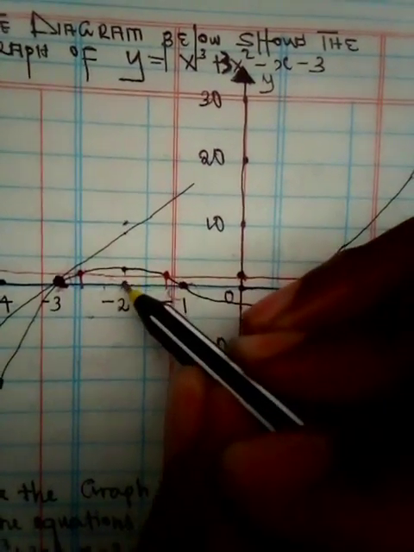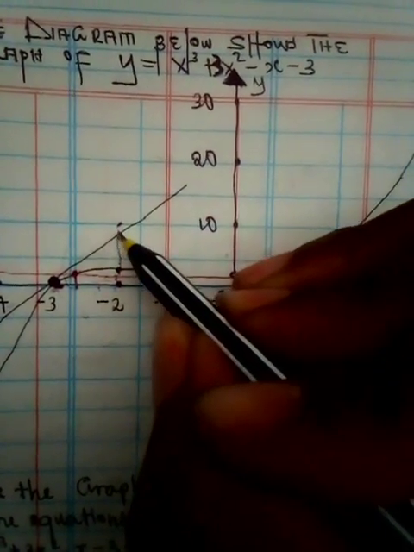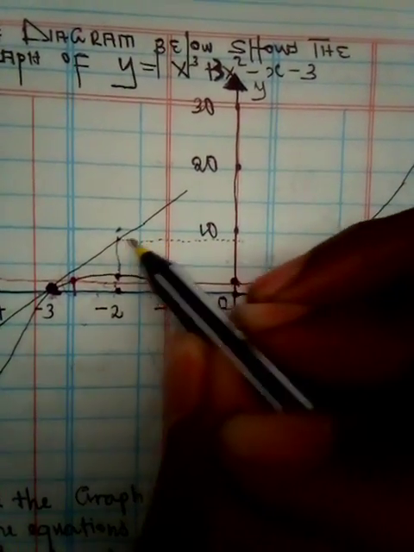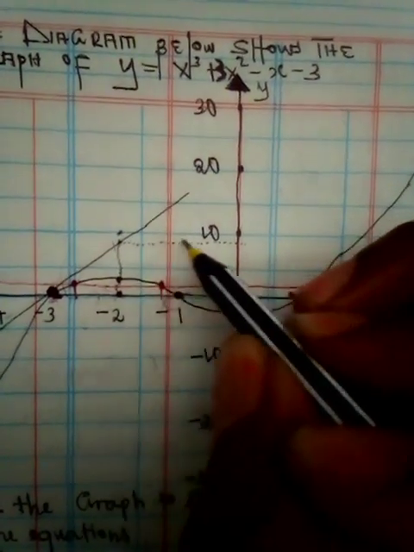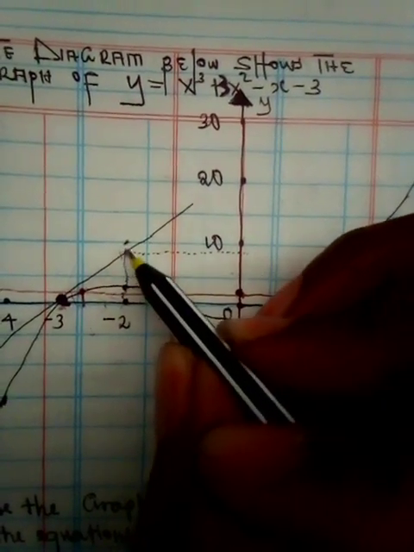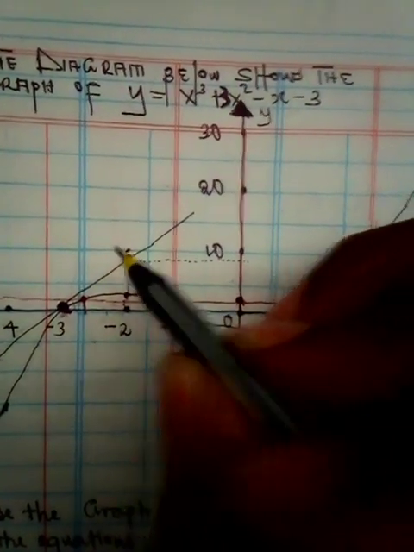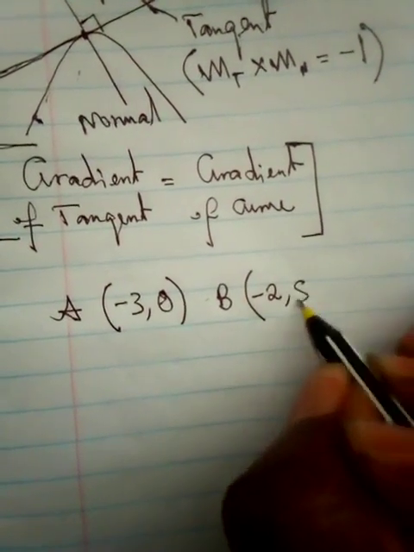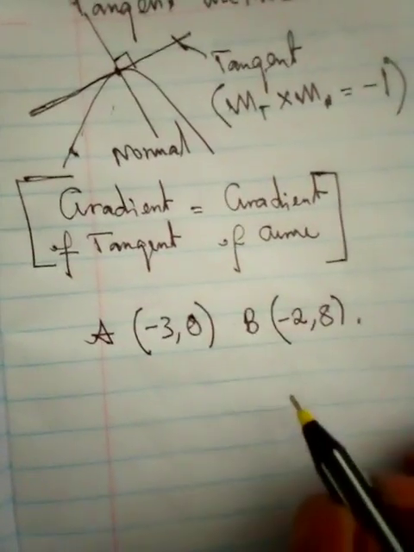I can label this as my A. My B can be -2, 8. We always start by picking the x value and then the y value. So -2, 8.